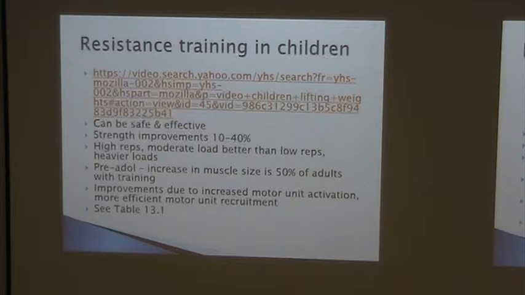All right. There's a nice table in your book. And let's see if we can take a look at it. Table 13.1. There it is. Some good guidelines to follow for children with resistance training.